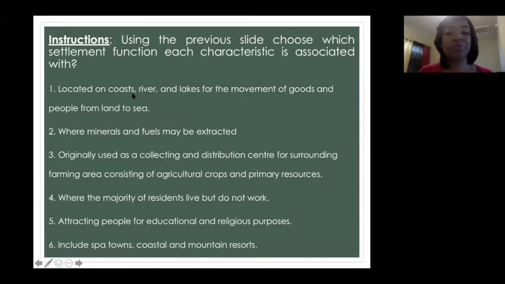Number 3, originally used as a collecting and distribution center for surrounding farming areas, consisting of agricultural crops and primary resources. So the clue is the collecting and distribution of farming goods or primary material.